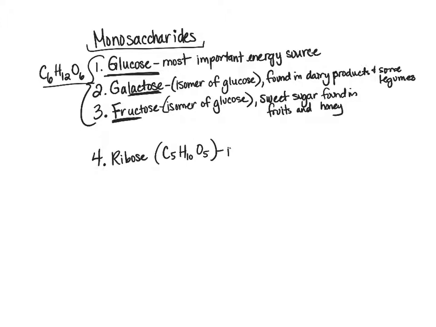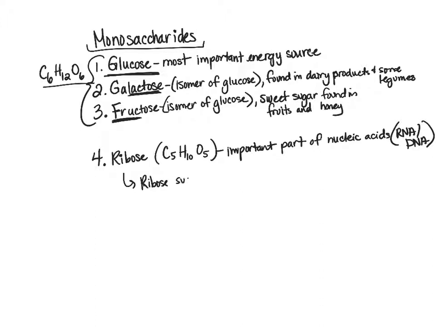And ribose is an important part of our nucleic acids, RNA and DNA. We actually have two different types of ribose, and we'll talk more about this when we get to our nucleic acids, but we have our ribose sugar, and then we have something called deoxyribose.